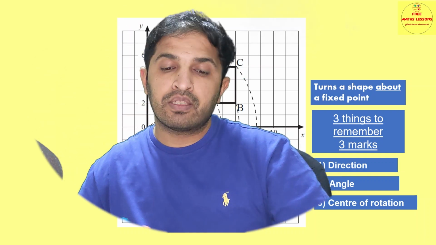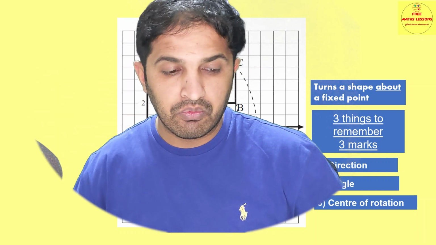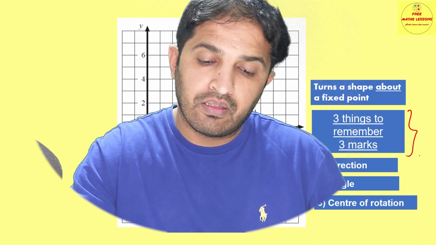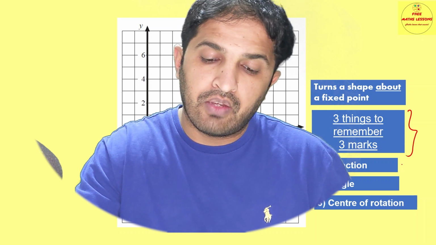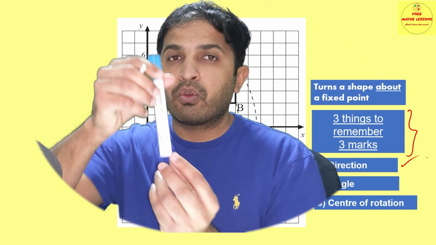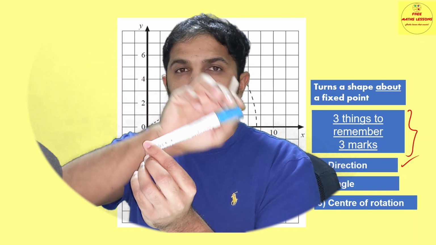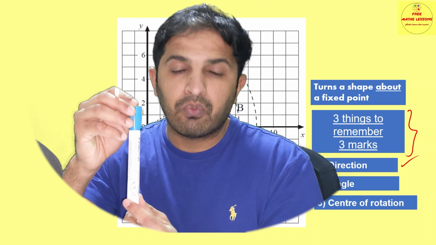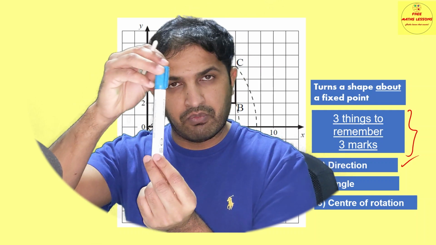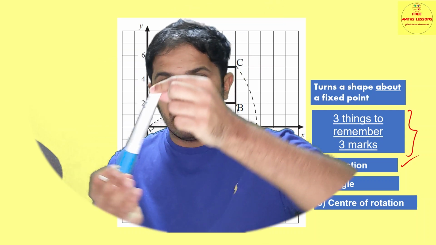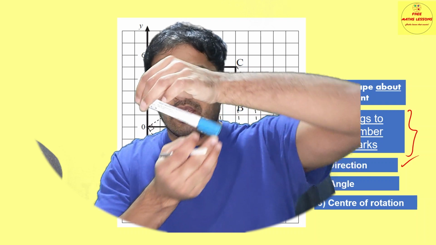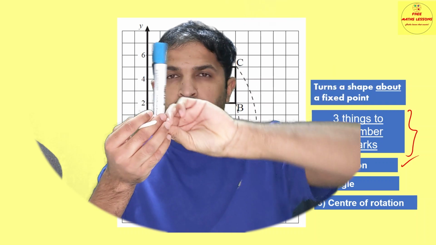So the three important things in a rotation: one of those is direction. So which way am I going, clockwise or anti-clockwise? How far am I going? What angle am I rotating it through? Okay, 90 degrees, 180 degrees, 270 degrees.